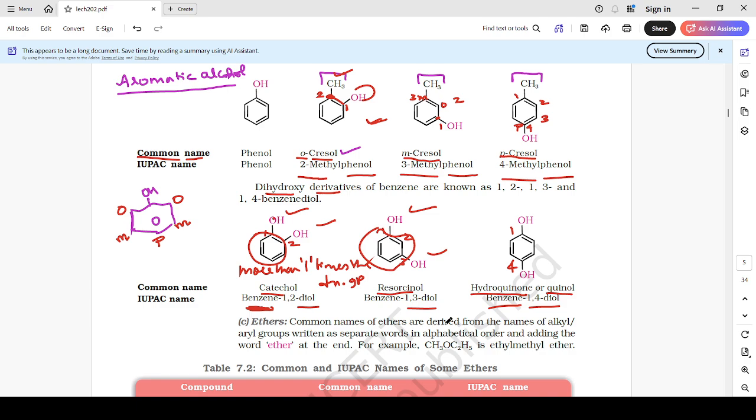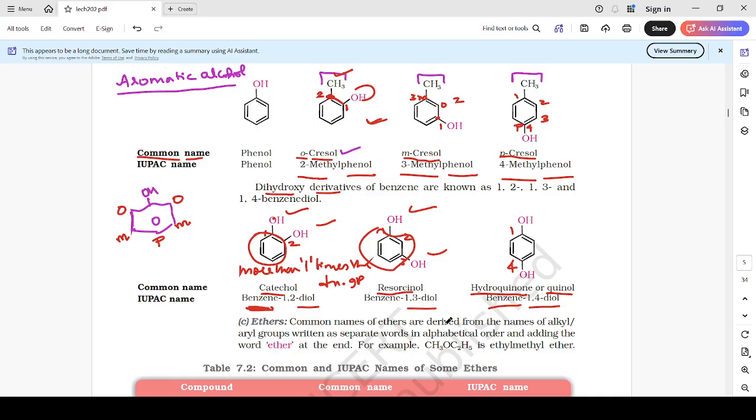These names we have to for sure memorize it. Okay? Shall we continue? Yes, ma'am.